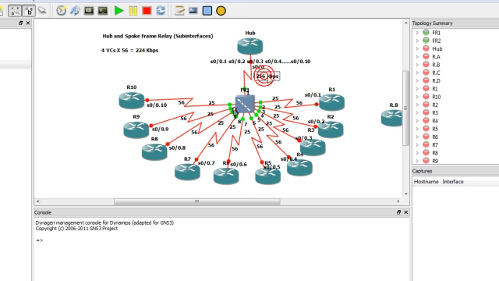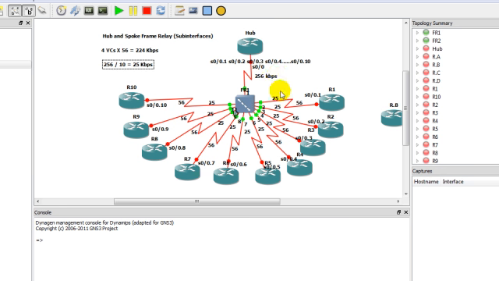The solution is that I want to divide the bandwidth of the access line among the 10 routers. So let's suppose I have 256. I want to divide it by 10, and it will equal about 25 kilobits per second.